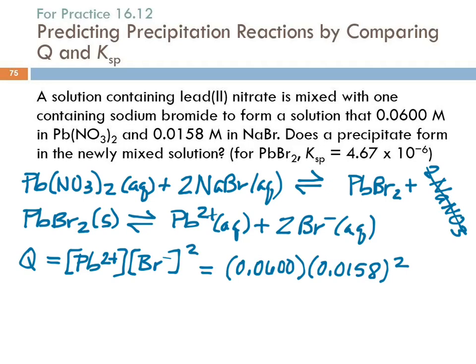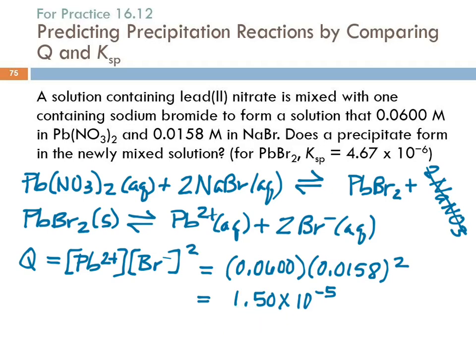So Q equals 1.50 times 10 to the minus 5. Anybody else get that? Yeah, so this is 3 sig figs, that's 3 sig figs, so I'm doing this as 3 sig figs.